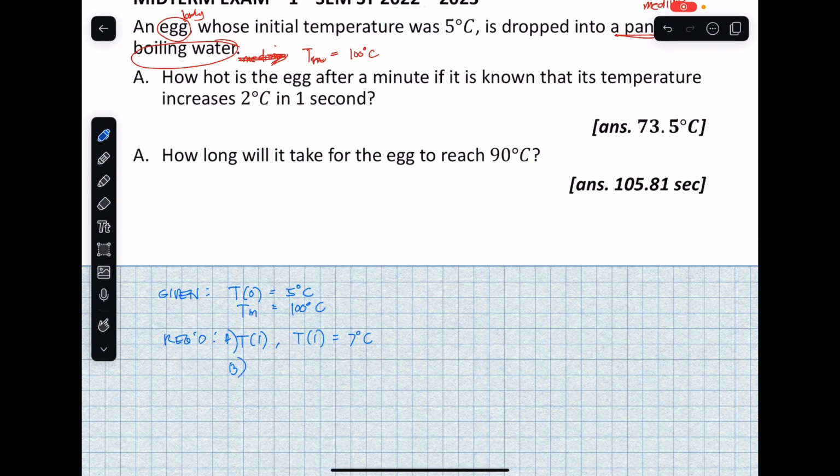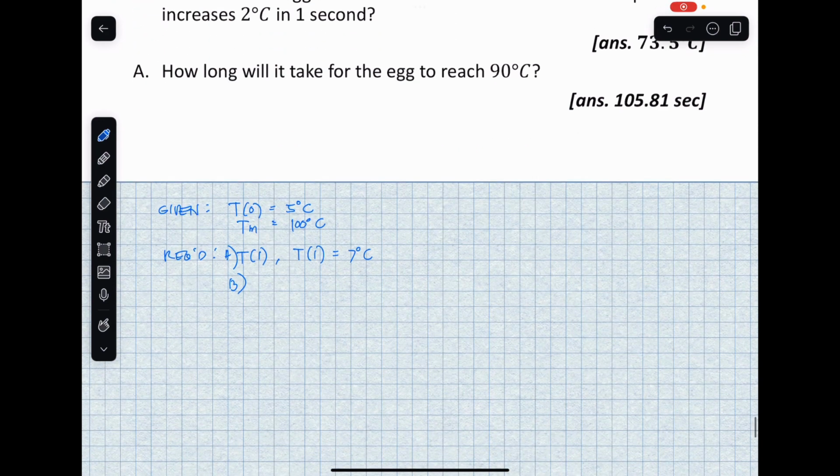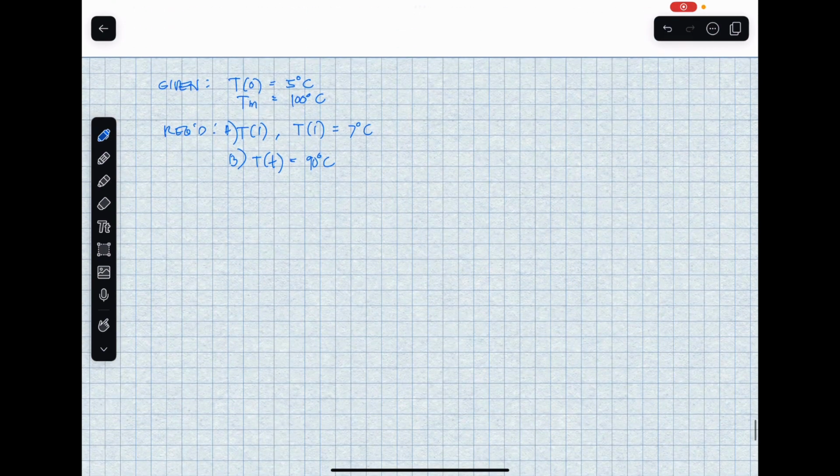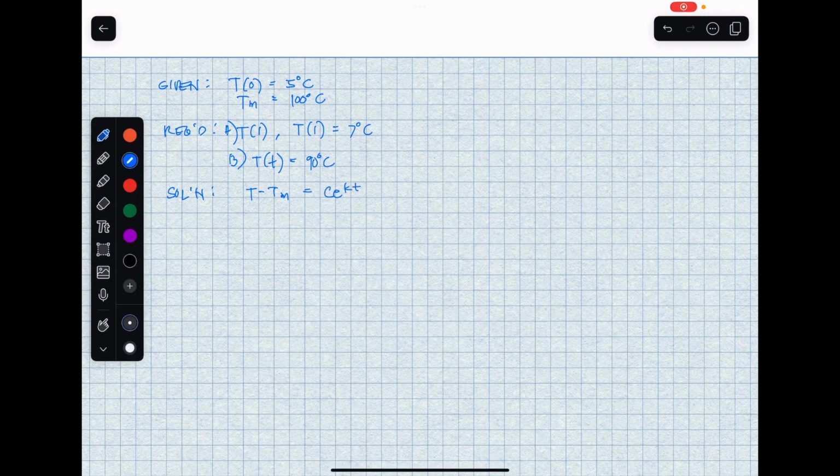For the second requirement, how long will it take for the egg to reach 90 degrees Celsius? What would be the time? For our solution, we start with our formula, T minus T sub m equals C e^(kT). Initially, at time 0, the temperature of the egg is 5.